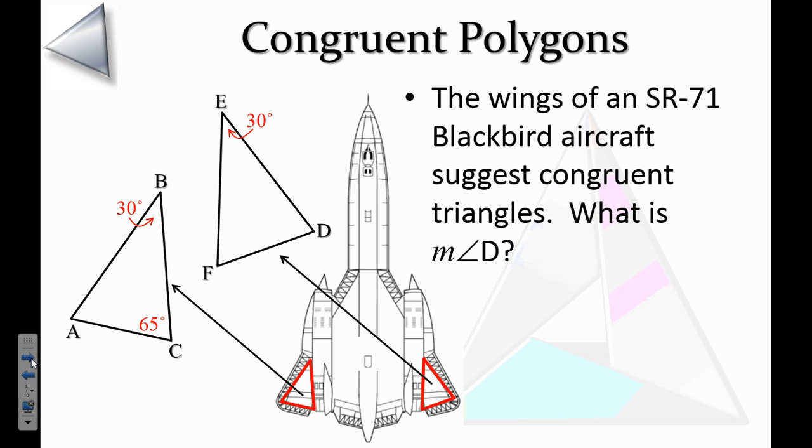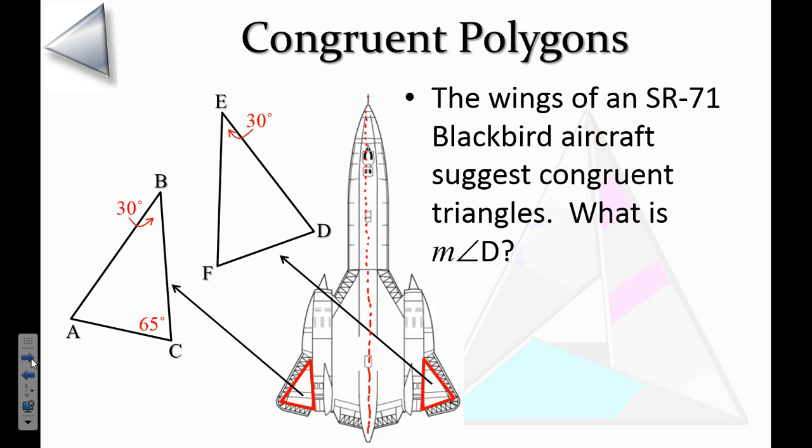So here's a congruent polygon issue. Okay, we have the wings of an SR-71 aircraft, a Blackbird aircraft. And they suggest congruent triangles. So we think that these may be congruent triangles. I'd hope so, right? Because isn't an aircraft symmetric on both sides? So here's our line of symmetry, the line that we're reflecting across. Okay.